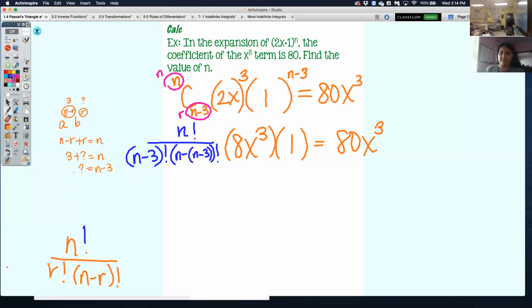I'm going to show my steps on this so I don't lose anybody, okay? I want to simplify this blue part some more. This is still n factorial in the numerator and n minus 3 factorial in the denominator, but this part right here, n minus parentheses n minus 3, when I distribute over that minus, I'll end up with n minus n plus 3 factorial.